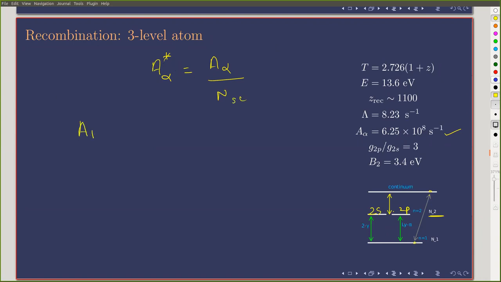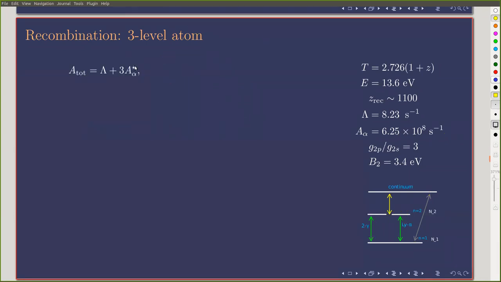And the total rate of transition from the first excited state to the ground state is this plus the effective Lyman alpha transition. And since the degeneracy of the 2p state is 3 times the degeneracy of the 2s state, there will be a factor of 3. So this is the total transition rate from first excited state to the ground state.